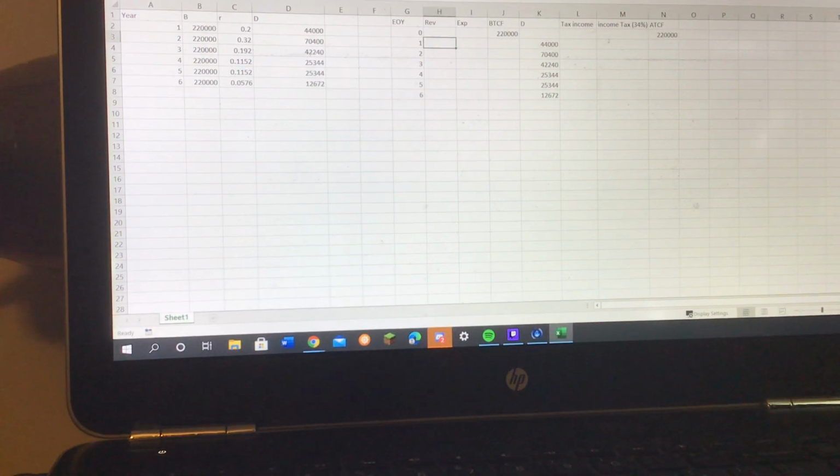So from here on, we have our revenue, and that can be tabulated, referencing my cheat sheet here from how I did this earlier.